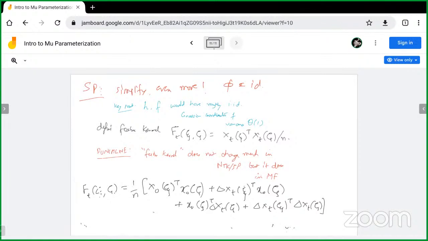So this is what I mean by delta. The delta of something is that thing at t minus that thing at 0.